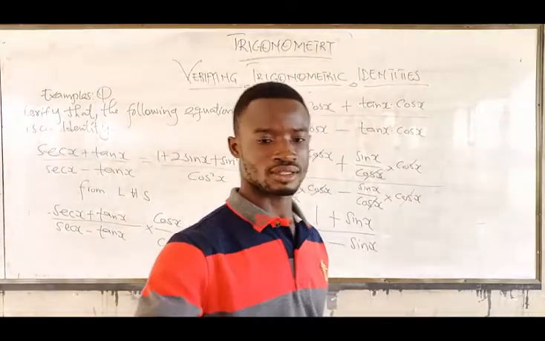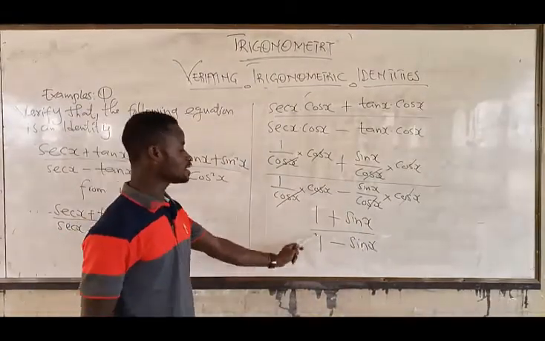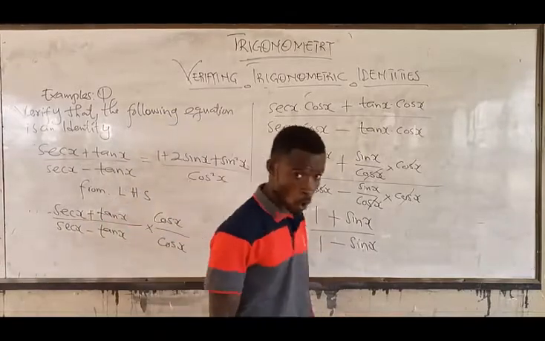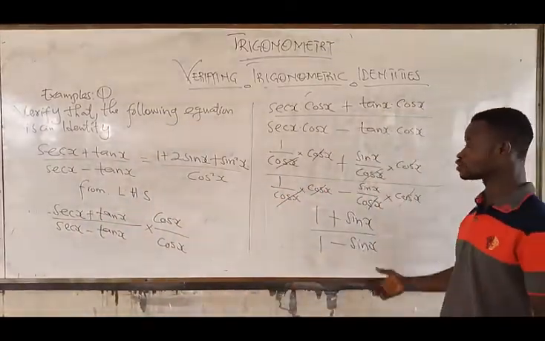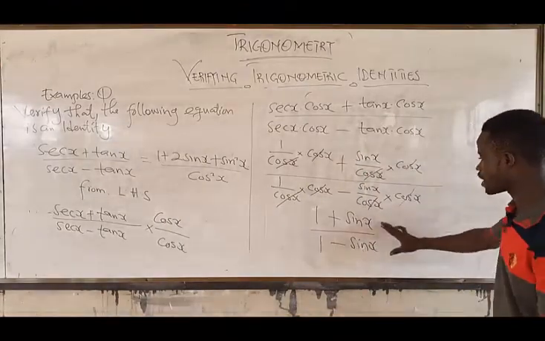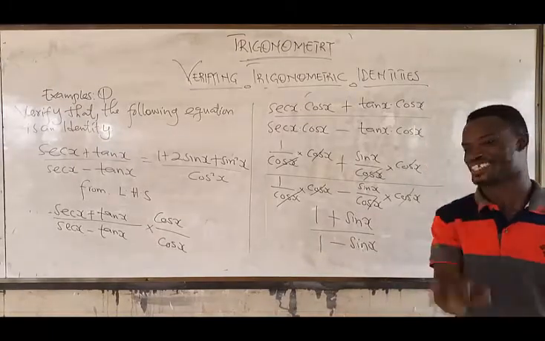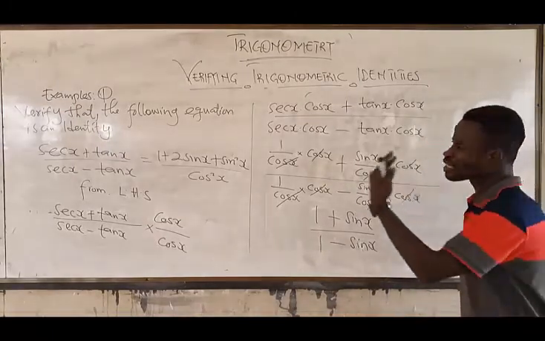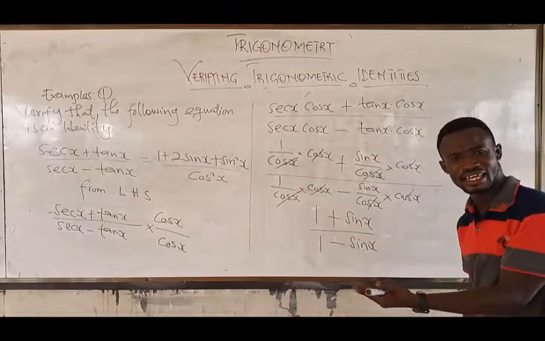So this is the simplified form. Please, I beg you, when you get here, don't try to be all knowing and say that with this we can rationalize it again. Pause.